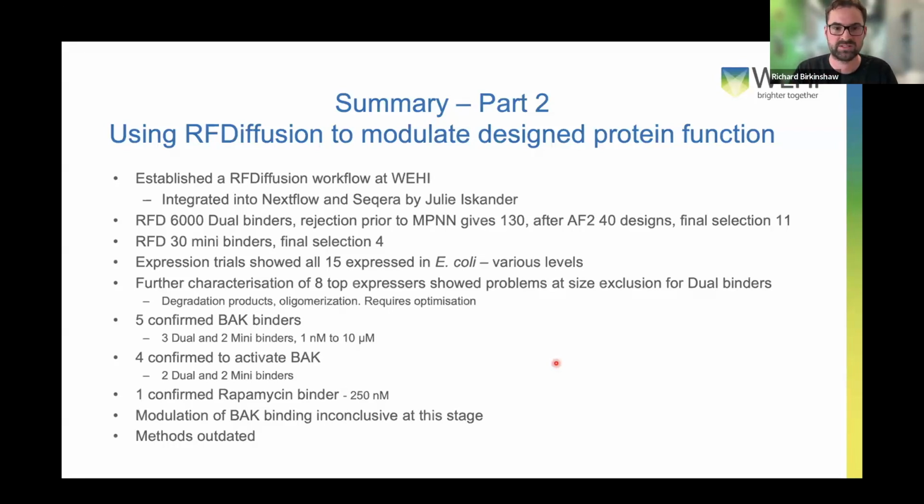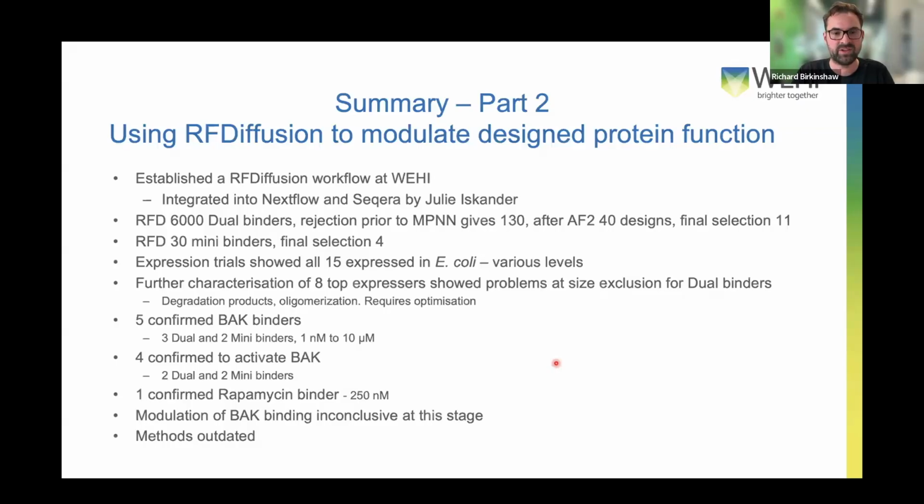This was a lot more successful, where we were only initially asked for about 30 and selected 4 in the end. Expression trials surprisingly showed all 15 expressed to various levels. But it wasn't until we went on to this further characterization by size exclusion that we started to see problems and additional considerations that you should have when you're using these design proteins.